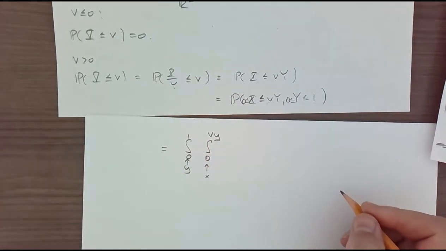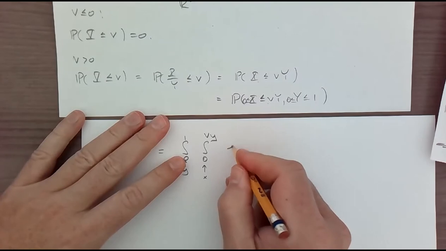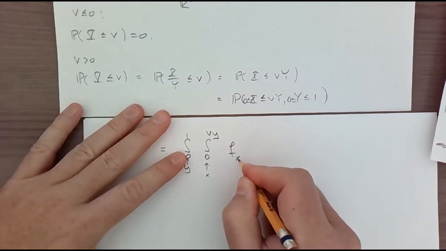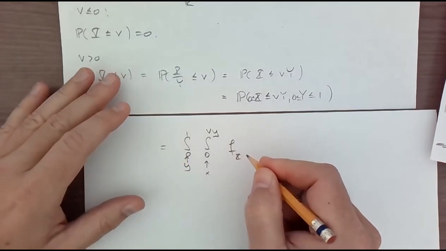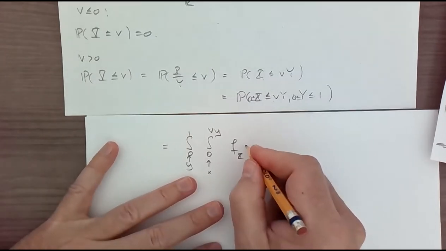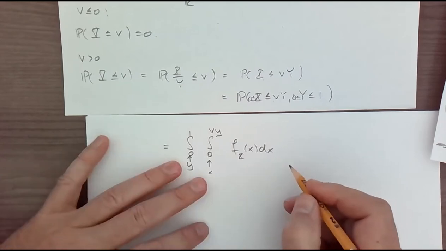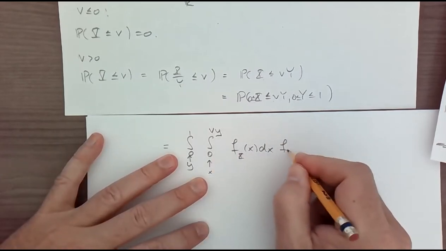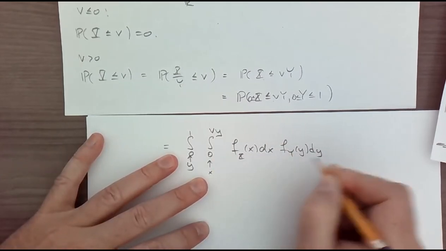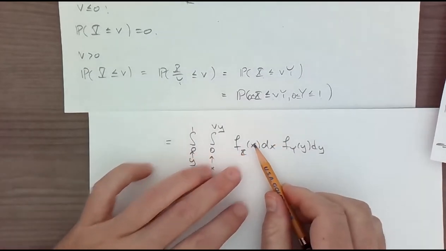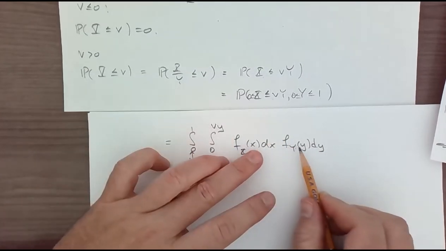And then I need the two densities. I need my f of X dx, and then I want to have my f of Y dy. So you can see here I'm using that the joint density of X and Y is given by the product.